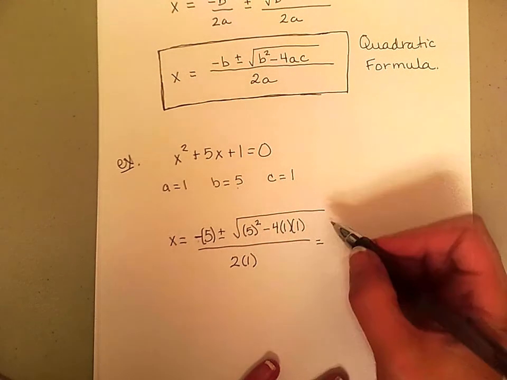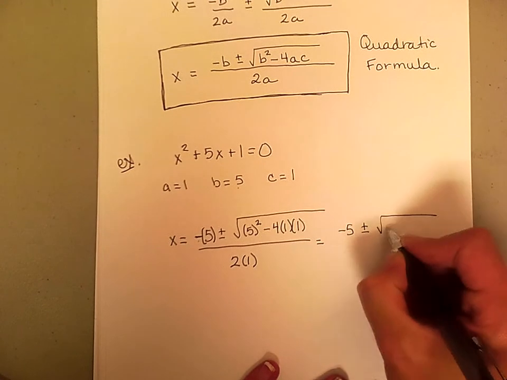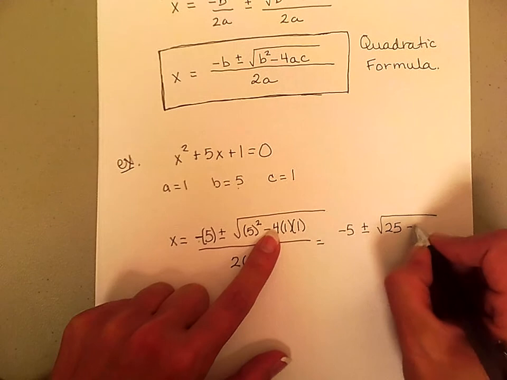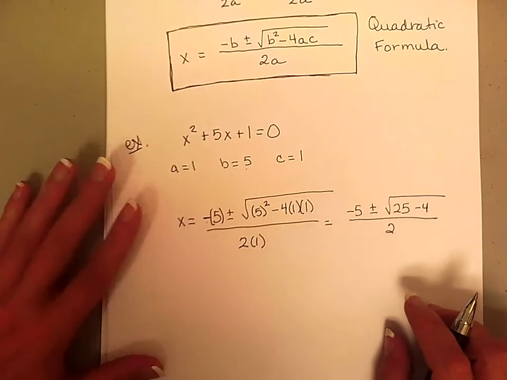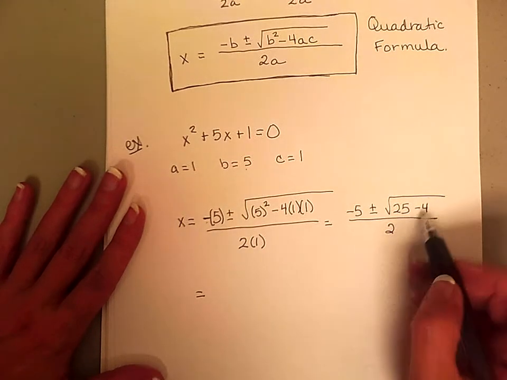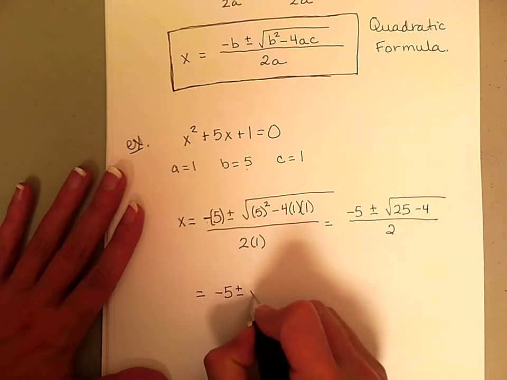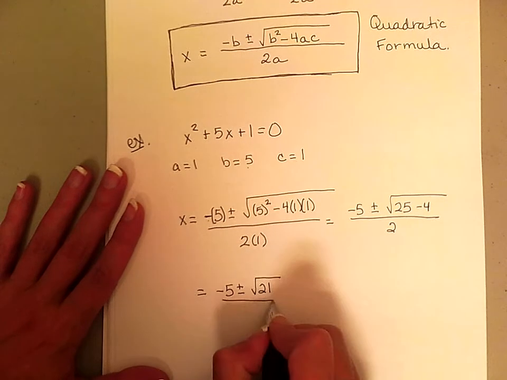And now let's simplify. So this is negative 5 plus or minus the square root of 25, 5 squared is 25, minus 4, all over 2. Continuing to work with the order of operations, we'll work underneath the grouping symbol of the radical: plus or minus the square root of 21 over 2.